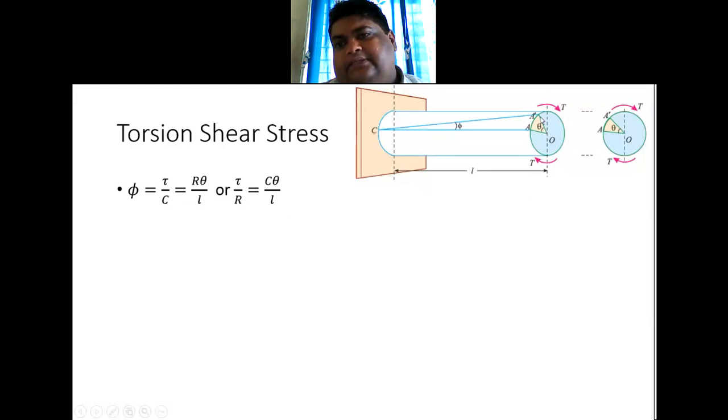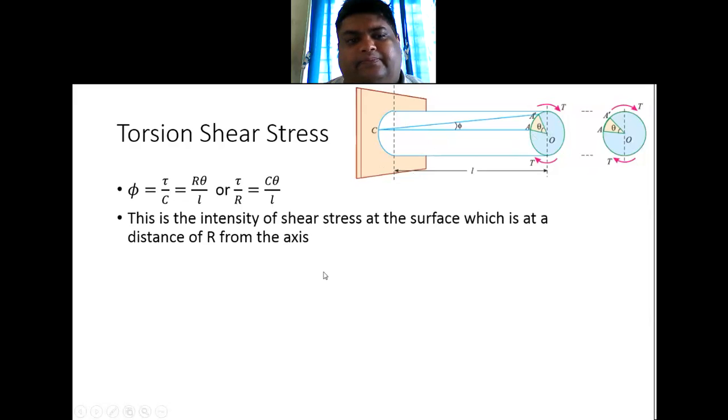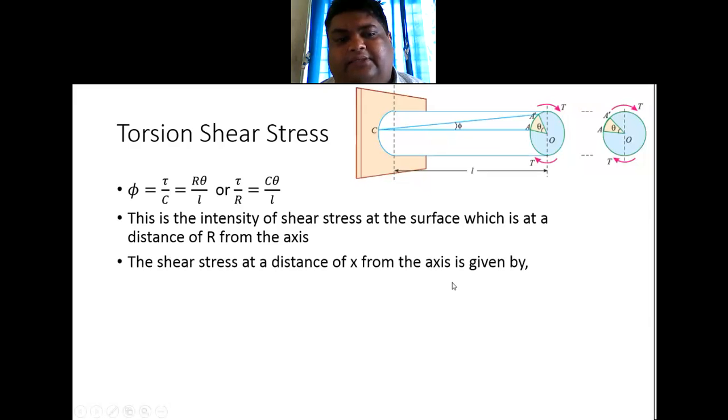Radius is the distance of the outermost layer of the shaft from the shaft center. C is the rigidity modulus. Theta is the twist in the shaft, and L is the length. This is the intensity of shear stress at the surface, which is at a distance r from the axis.